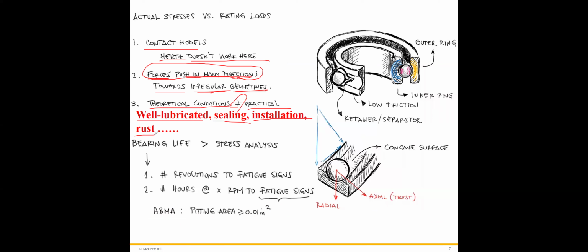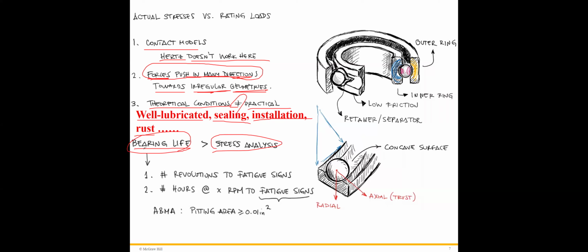Therefore, for bearing analysis, instead of the traditional stress analysis, we predict the bearing life, which is much more important.